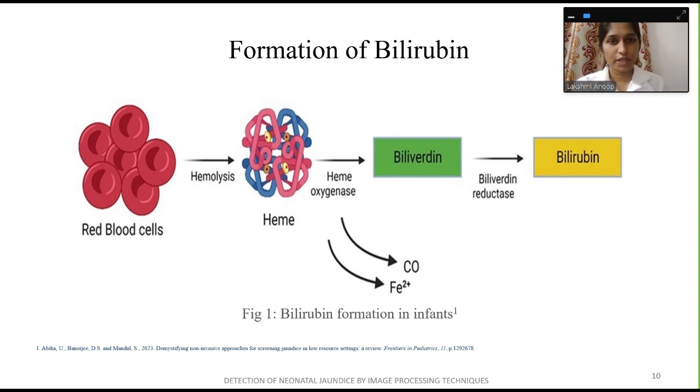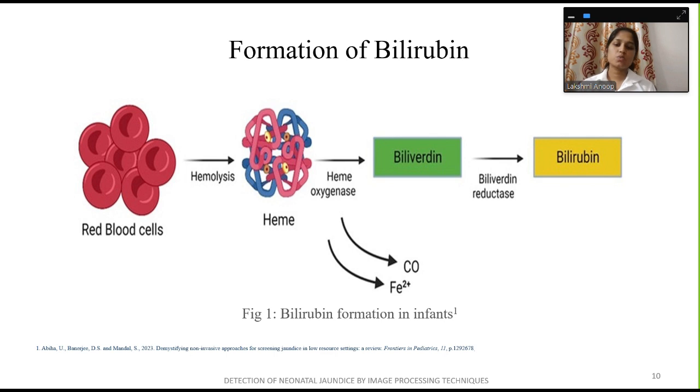Next is the formation of bilirubin. This diagram mainly explains the formation of bilirubin. Bilirubin is mainly formed by the breaking down of red blood cells containing hemoglobin. Through the reticuloendothelial system, the red blood cells break down into heme and globin.